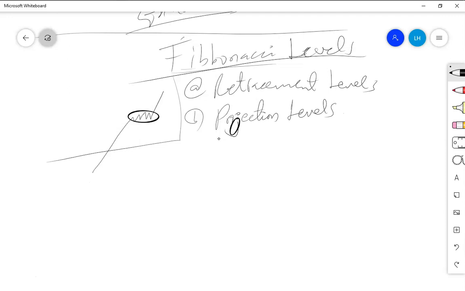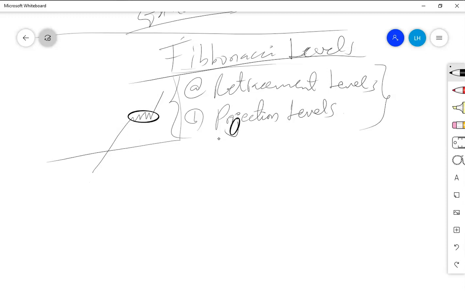Those are the major categorization. When we dig deeper and see those things in detail, we'll find that there are subdivisions, but in the big picture, we have those two categories of Fibonacci level.